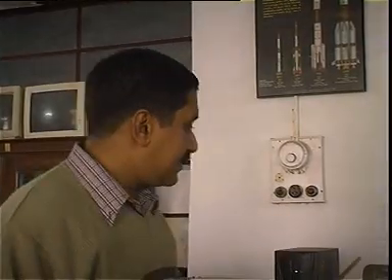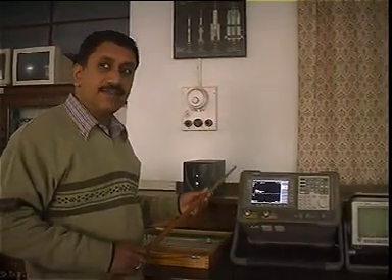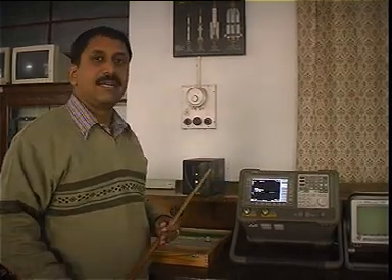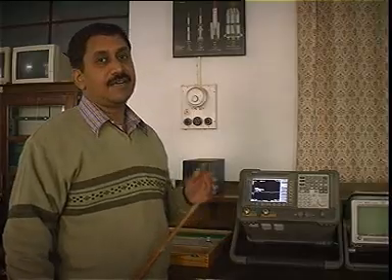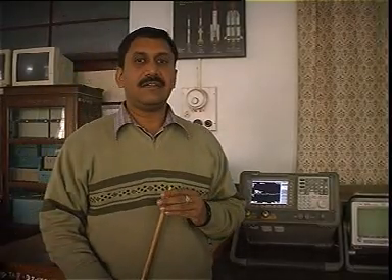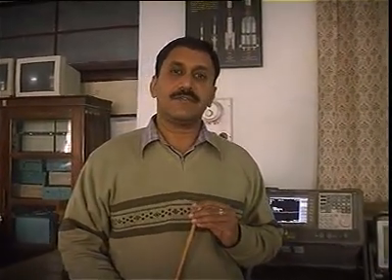On this spectrum analyzer, you see there are rectangles. This is basically a grid. Each rectangle on the vertical axis represents 10 dB of relative power. Now you should be very comfortable with the dB scale. When I talk about absolute power, I will talk in terms of dB watts or dB milliwatts or dB microwatts and so on.